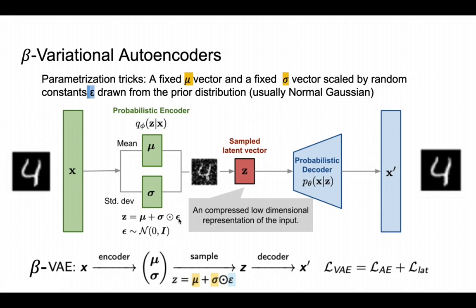With this random constant epsilon, we are able to introduce variation of the sample latent vector. We are also able to have a deterministic nature because the epsilon here is a predefined constant. Therefore, using the beta variational autoencoders, it enables the capability to do the backpropagation. Also, it has the property to introduce variational component of the latent vector.